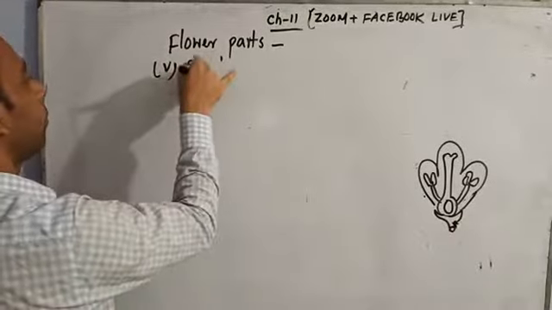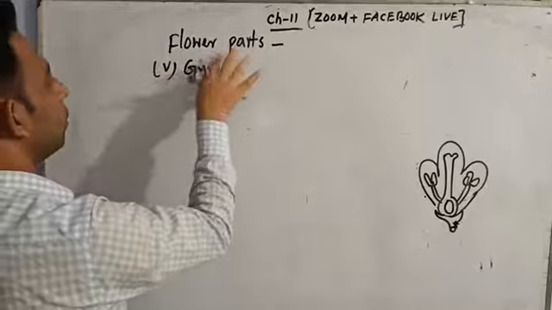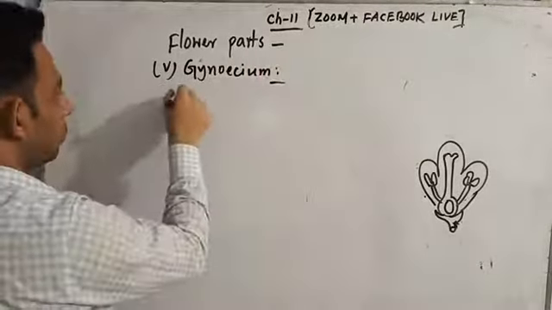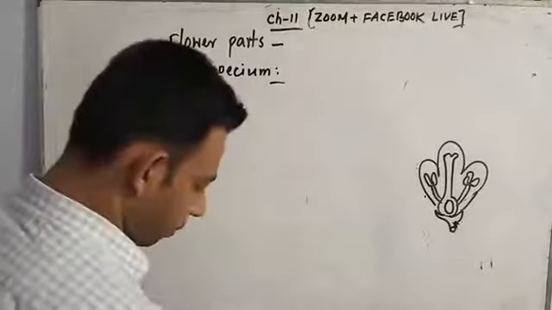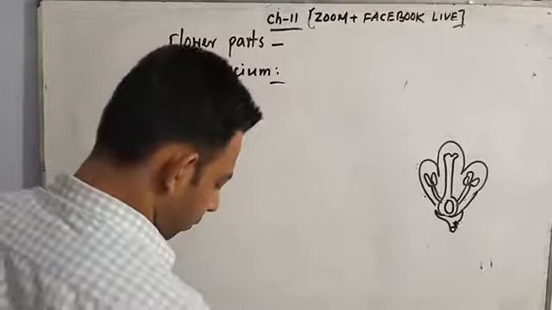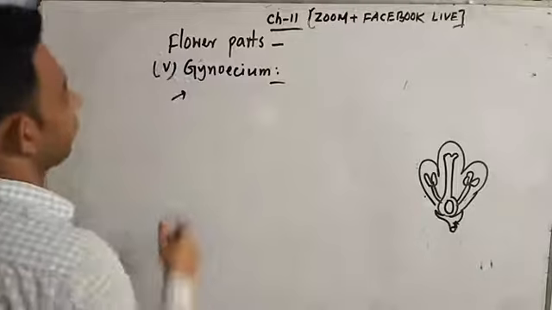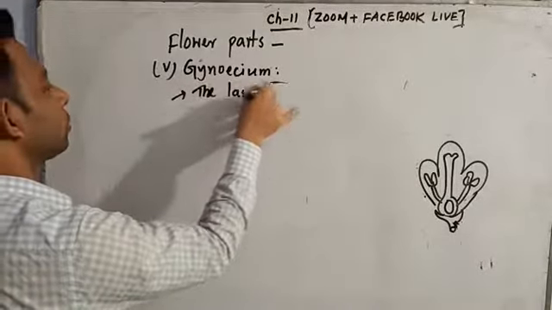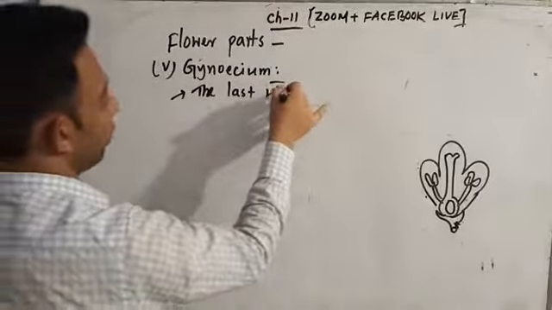Number 5. The last, or 4th whorl, you can write about then.